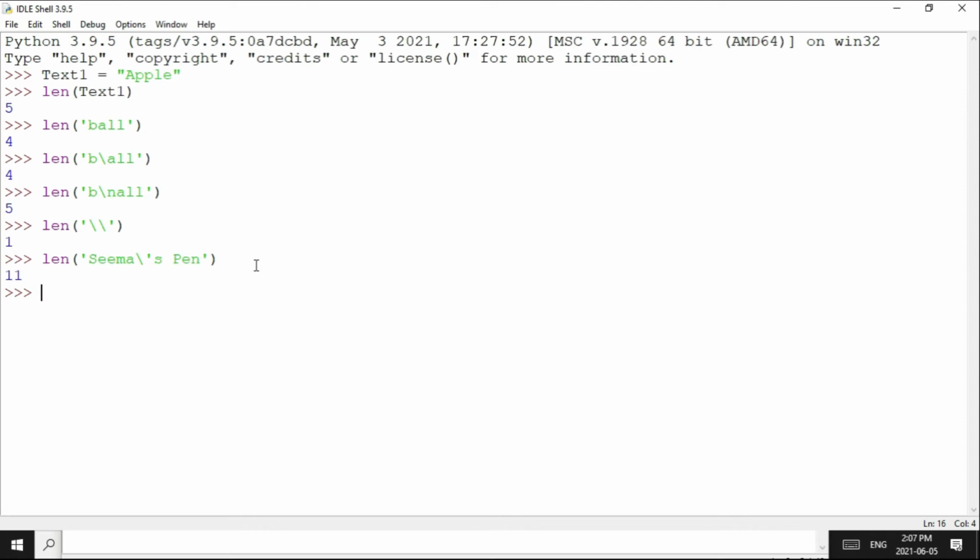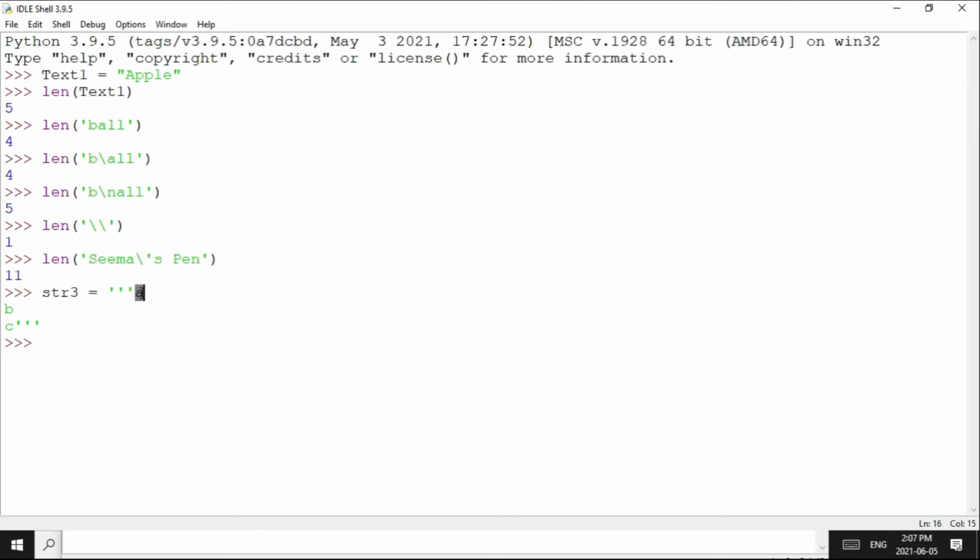Now let's create another string. str3 is equal to, let's create a multi-line string. A enter B enter C and triple quote. See, in this string we are not ignoring the new line. So wherever we have pressed enter, that enter will be counted as one character.